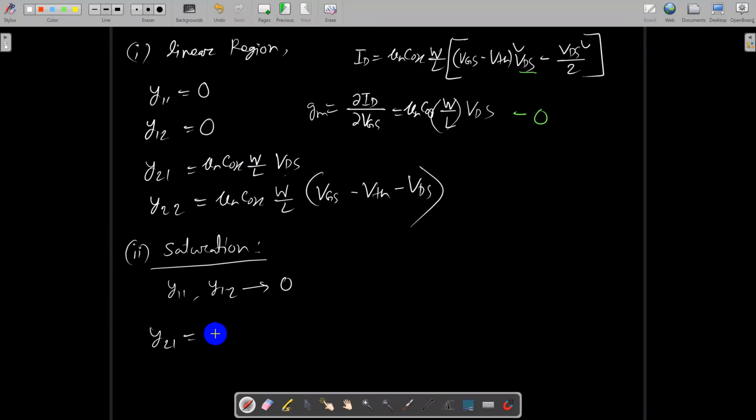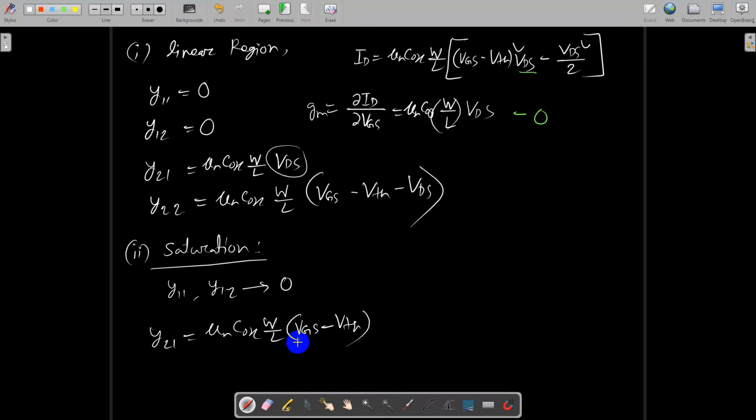Y21 is nothing but mu n Cox W by L times VGS minus VTH. We can simply put VDS equal to VGSQ minus VTH, and then your MOSFET is in saturation.